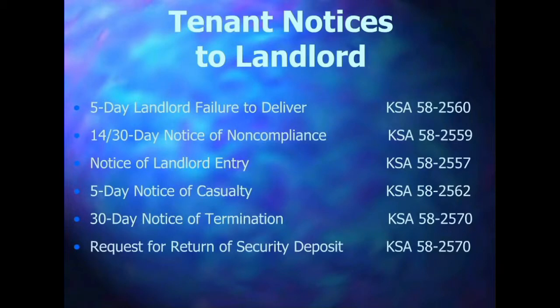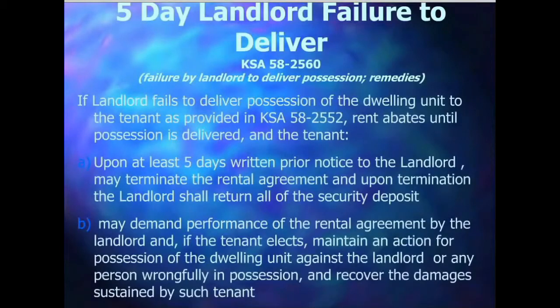It can be a notice of landlord entry under KSA 58-2557. It can be a 5-day notice of casualty under KSA 58-2562. It can be a 30-day notice of termination under KSA 58-2570. Or it can be a request for return of security deposit as defined in KSA 58-2570.